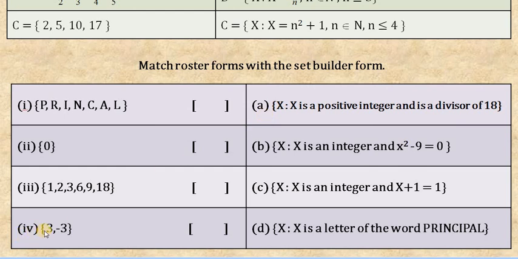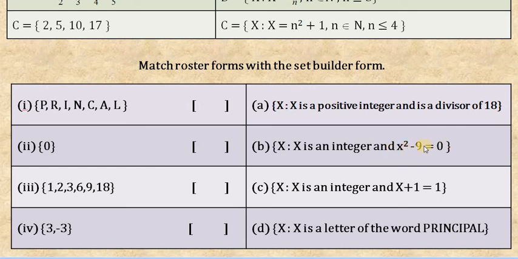Next, fourth one, 3, minus 3 means here the second one, x square minus 9 is equal to 0. x square minus 9, 9 written as 3 square, means a square minus b square, means x minus 3 into x plus 3 is equal to 0. From that you can write x is equal to 3 or minus 3. So here we are getting 2 values. In other words, x square is equal to 9.